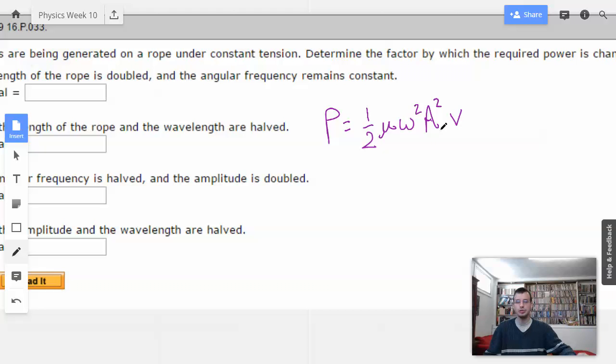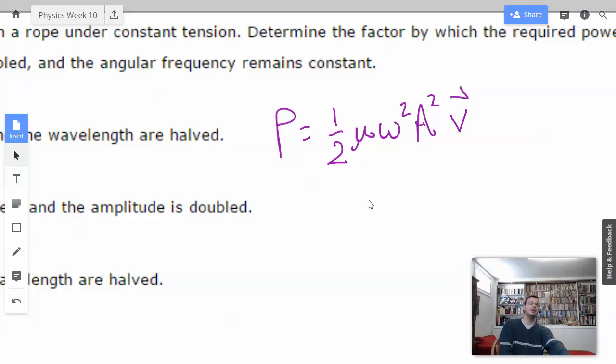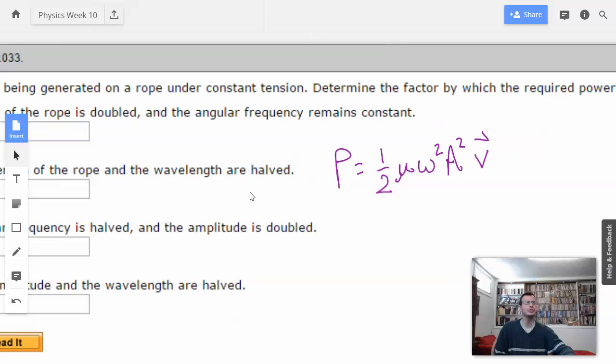Alright, so to talk through these, I'll make a little arrow there. Not because it's actually a vector, I guess it probably is, but because that way I don't get it confused with voltage. Not that we are using voltage here, but just to keep things cleaner.